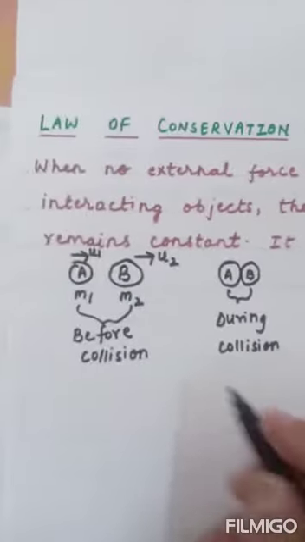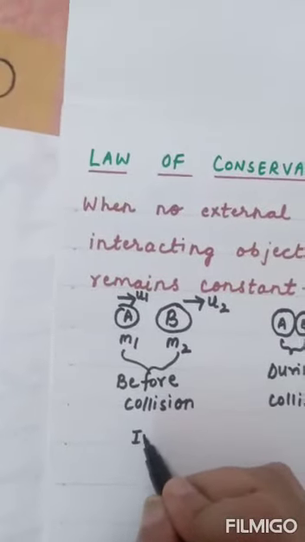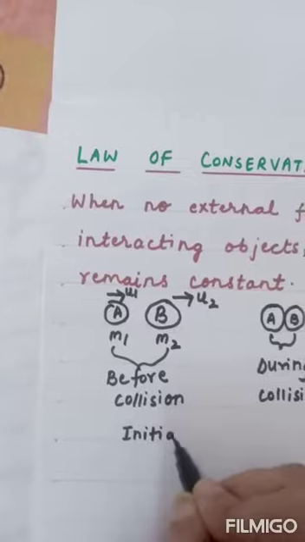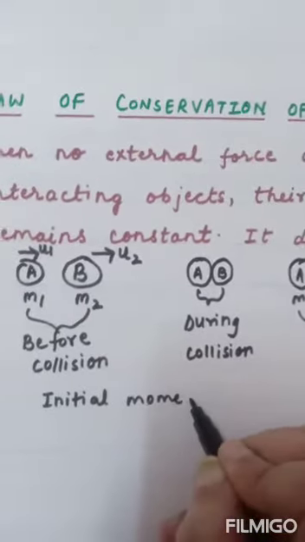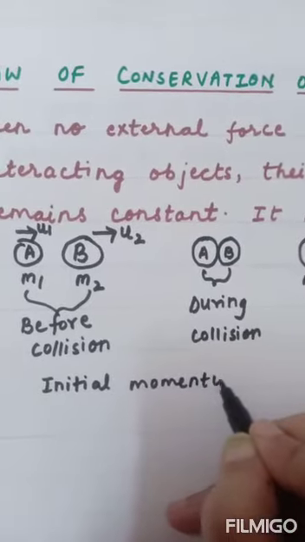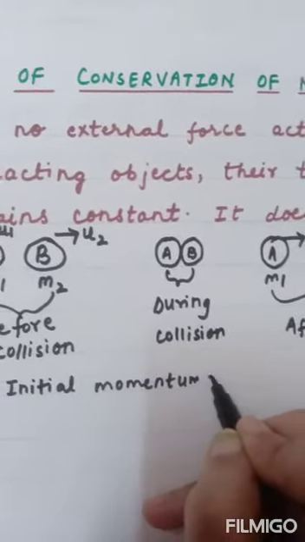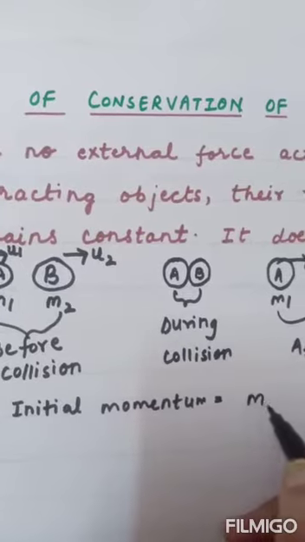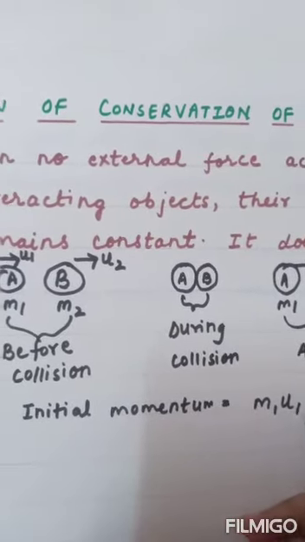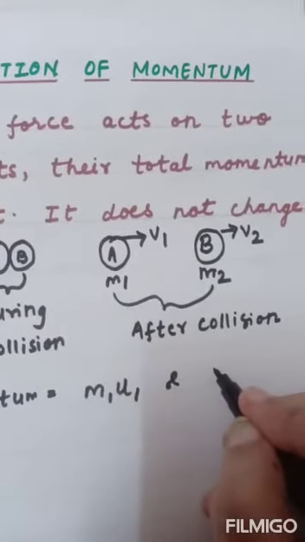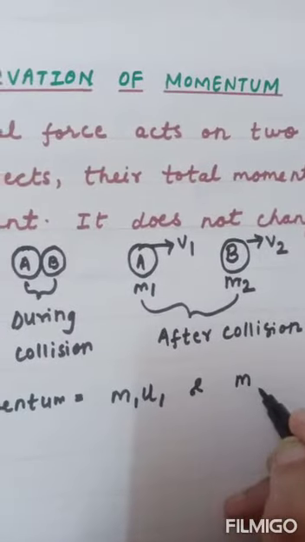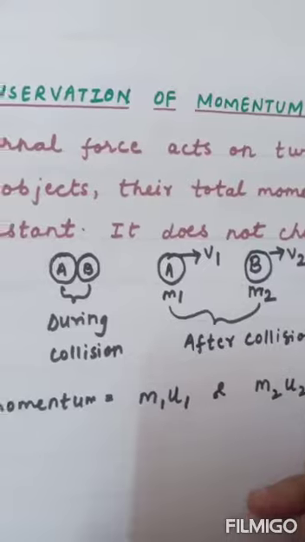So here, the initial momentum of object A will be m1 u1 and for object B it will be m2 u2.